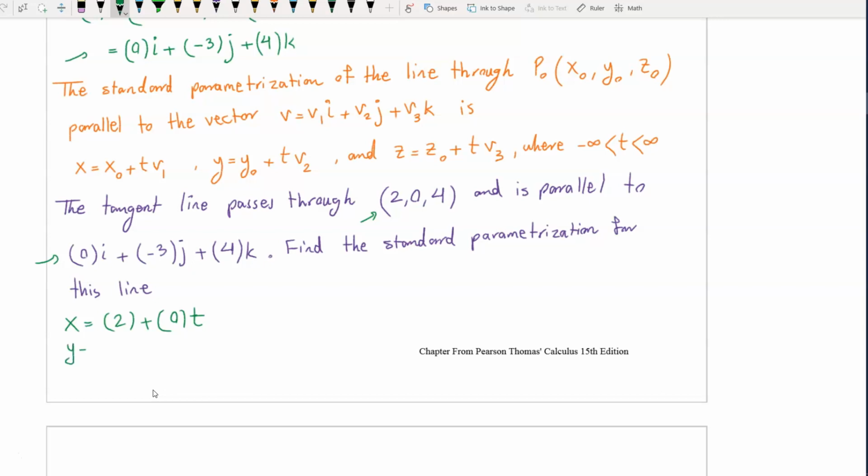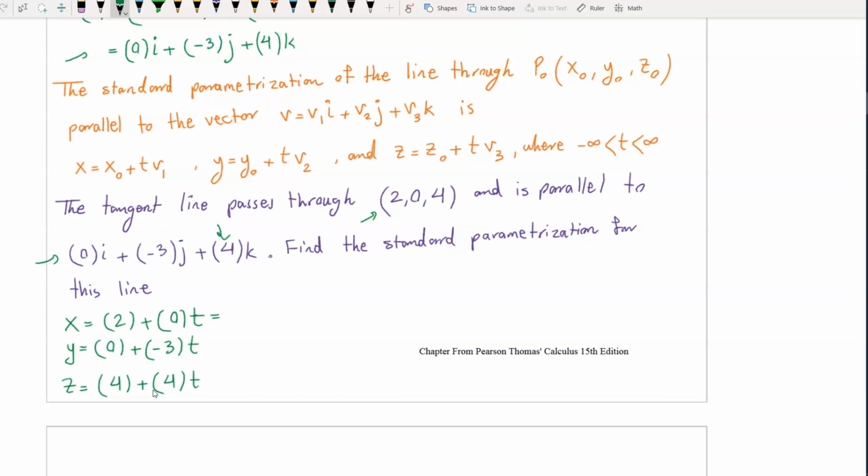Now y is equal to y naught, it is 0 plus negative 3 times t, and z is equal to z naught, it is 4 plus 4 times t.